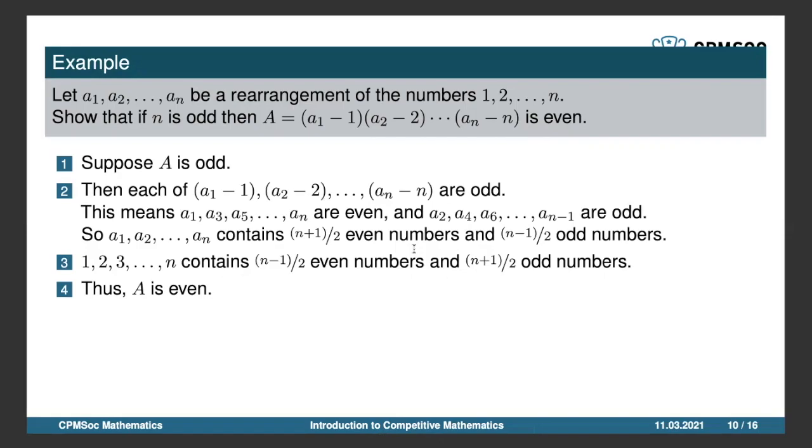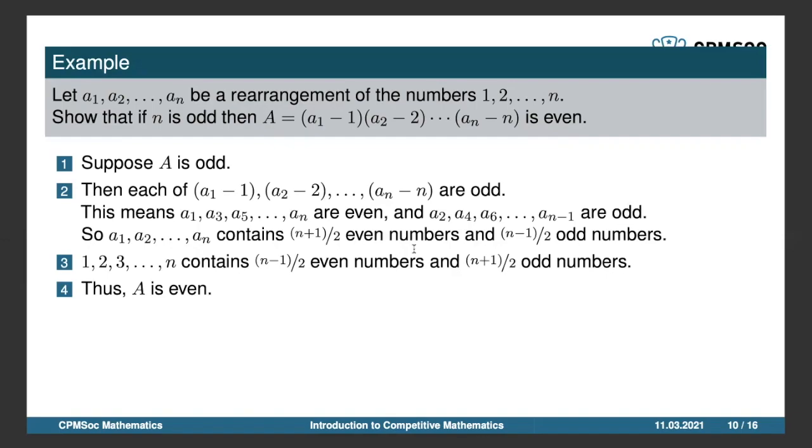If that's, then we know that A has to be even because one through n does not contain n plus 1 and two even numbers and n minus 1 and two odd numbers. 1 through n contains n minus 1 and two even numbers and n plus 1 and two odd numbers, just by looking at the sequence.